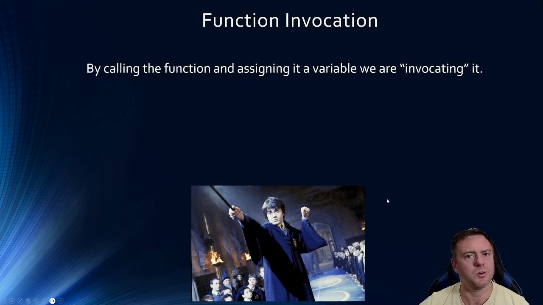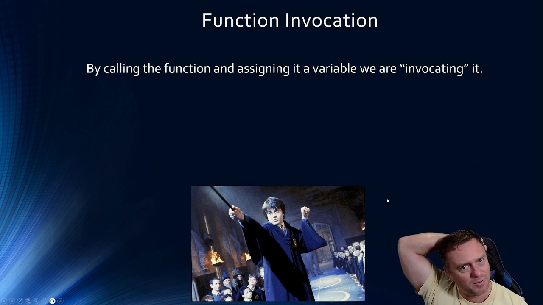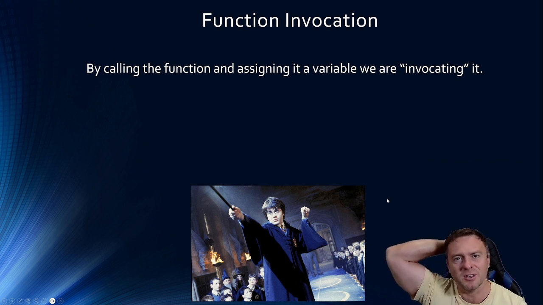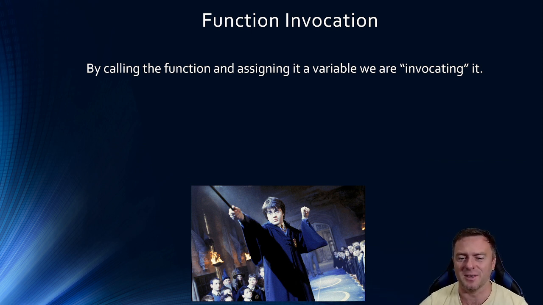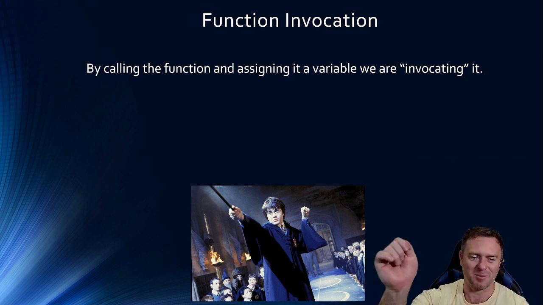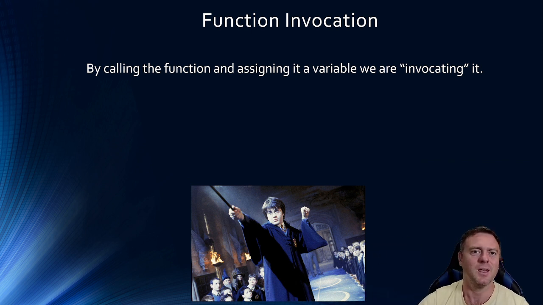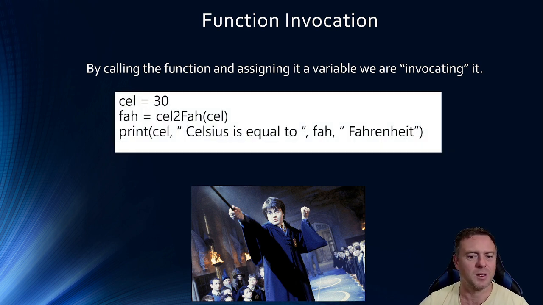Cool. So one of the key terms that you might have heard me say before is function invocation. I always think of it like a spell, like Harry Potter going off and calling a spell. By calling a function and assigning a variable, we call it invoked. So in this case, we had cell, which was set up and invoked by putting far into this function, and that went off and activated it.